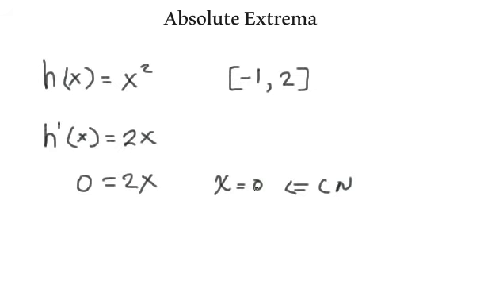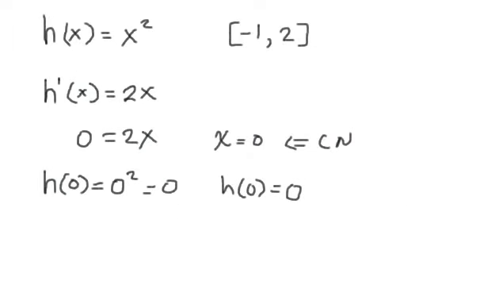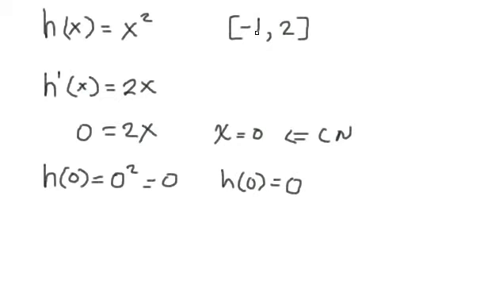So now what we want to do is take this 0 and plug it back into our original function up here. And as we can see, we get 0 out. So h of 0 is equal to 0. Now that we've done that, what we're going to do is plug negative 1 into h of x.